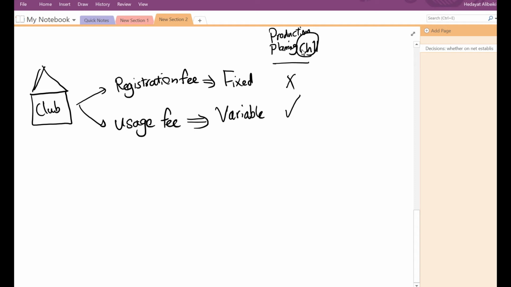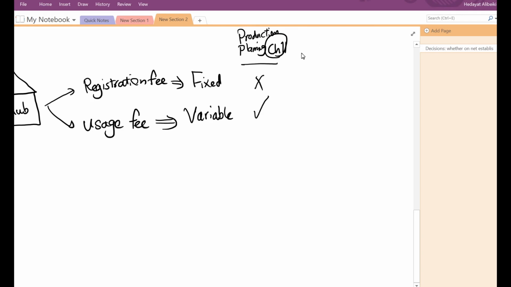Depending on the amount of production, we had to pay a variable cost, but there was not any fixed cost in that problem. And another example that we did in chapter 12 was capital budgeting. In that example, we had fixed costs, but we didn't have any variable costs.